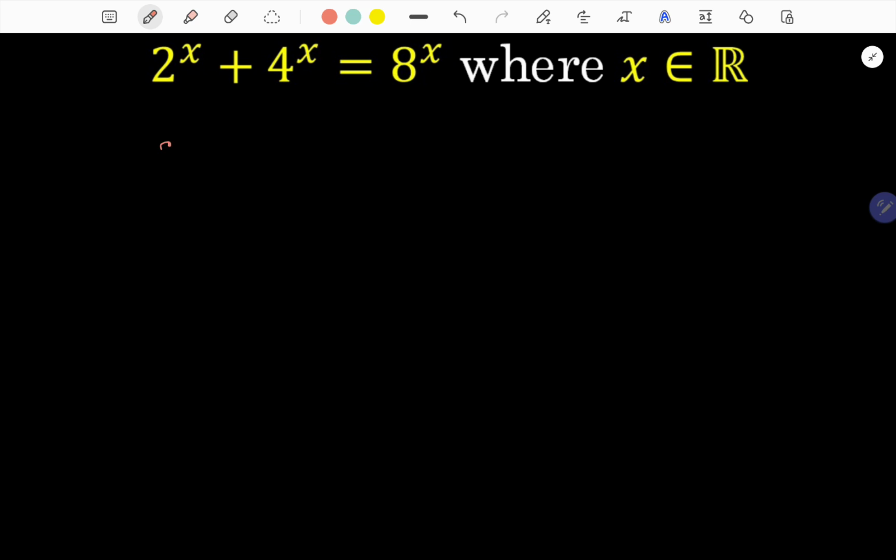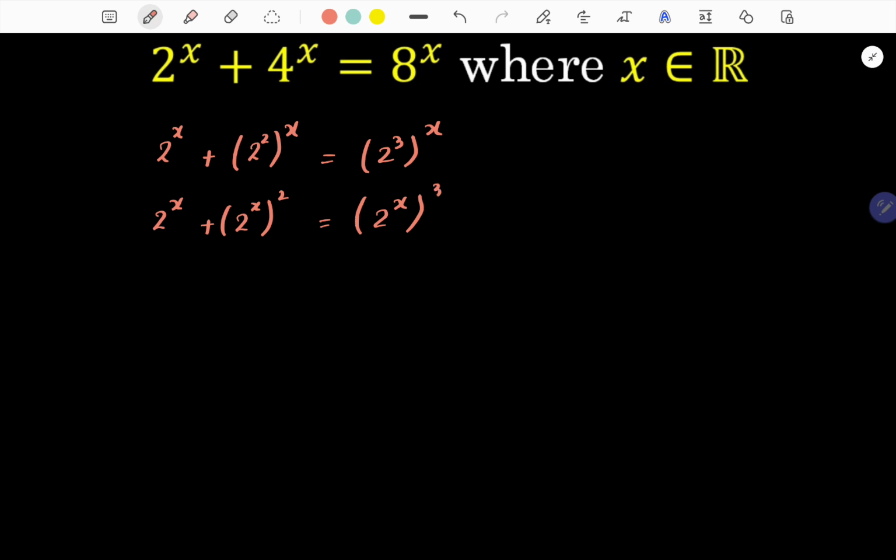We can write it as 2^x plus 4 can be written as (2^2)^x, equal to 8 can be written as (2^3)^x, or we can write it as 2^x + (2^x)^2 = (2^x)^3.